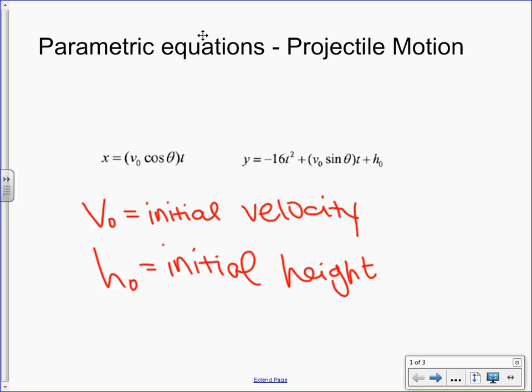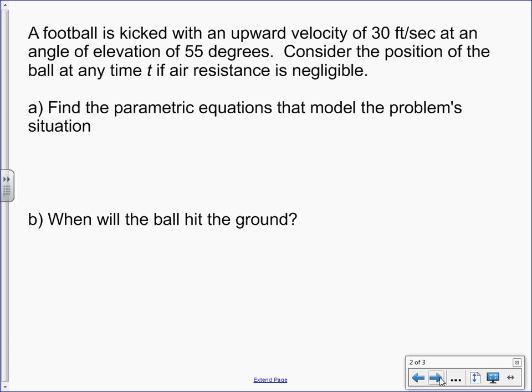All right, so let's look at a parabola. You are always going to be given an initial velocity and initial height, so you can set these up and then work with it. A football is kicked with an upward velocity of 30 feet per second at an angle of 55 degrees.